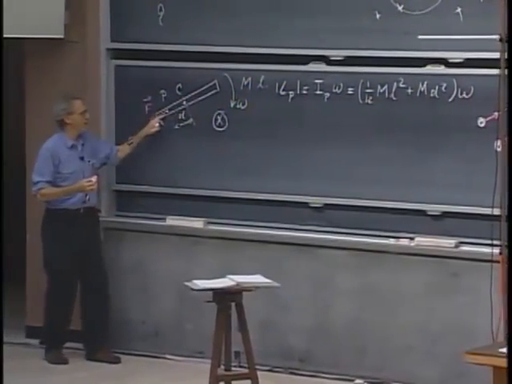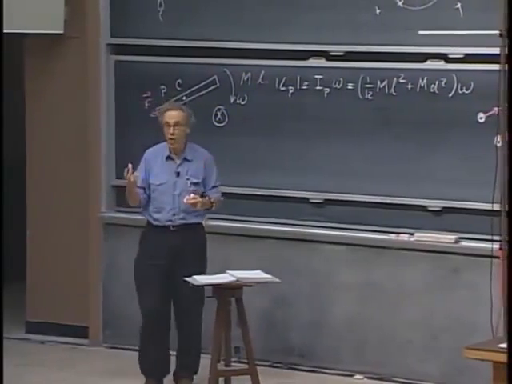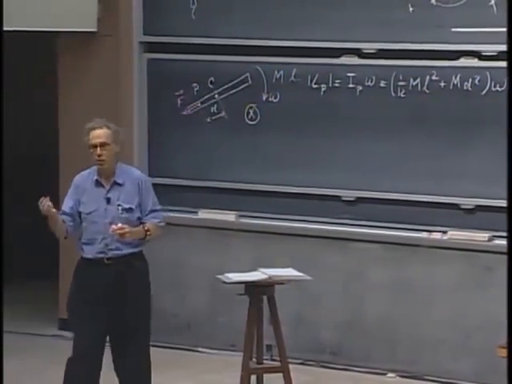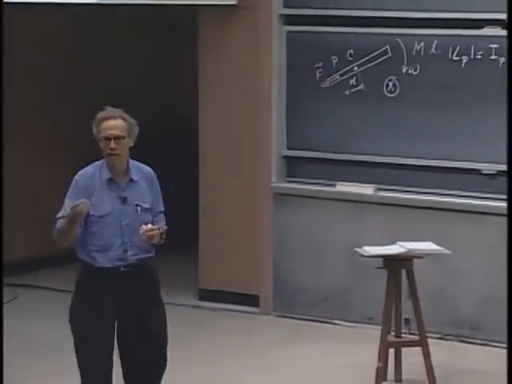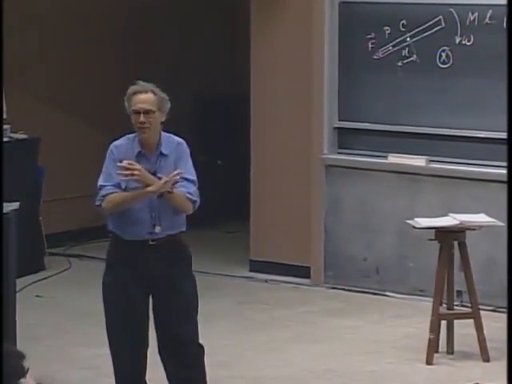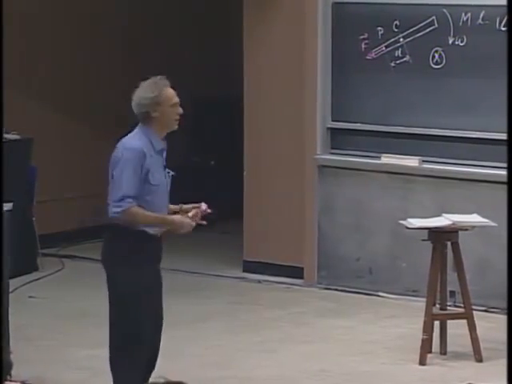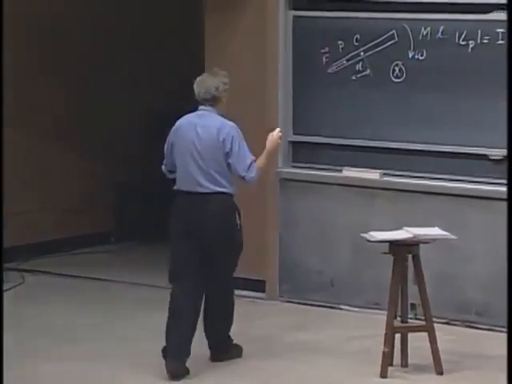And it is because of the same asymmetry that you have here that there will be a force from the pin on point P. However, I don't care about that force because I'm going to take the torque relative to point P. And when I take a torque relative to point P, any force through point P has no effect because the position vector is 0. But I want you to appreciate that there is a force.